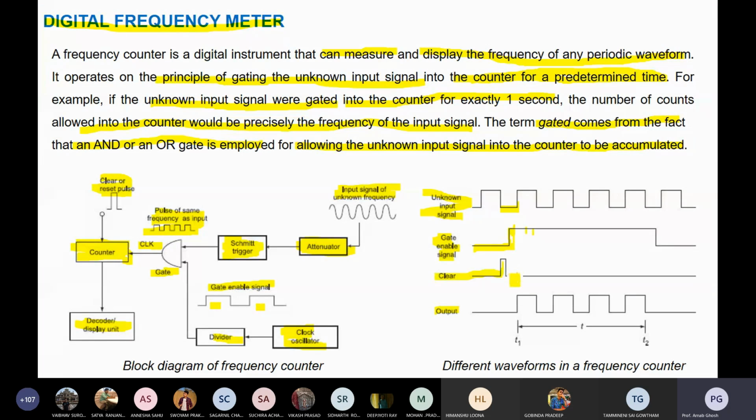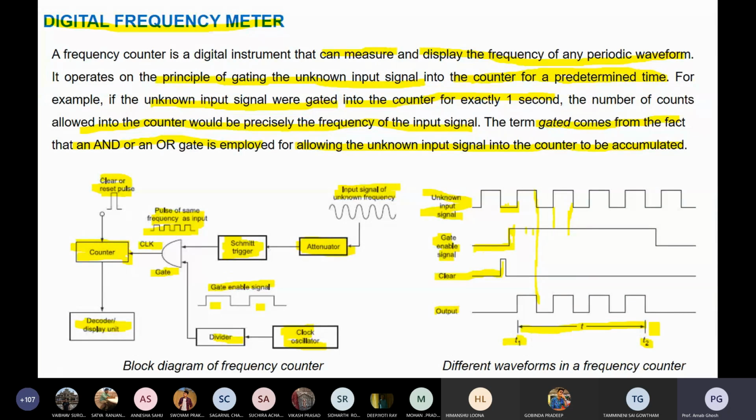Then it will be on while both of the values are on. After that it will be off automatically, no matter how much value is in the gate. Then when it is on again, up to this portion it will be on, then off, going like that. So T1 to T2 it is shifting, and you will get the pulse that way. That time T is defined between the pulse lines between T1 and T2.